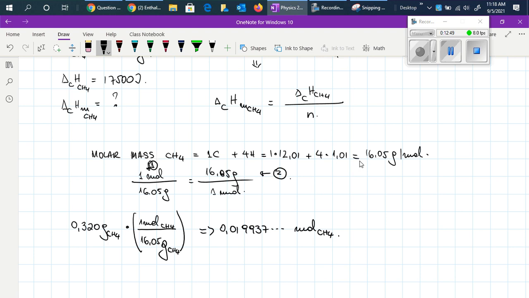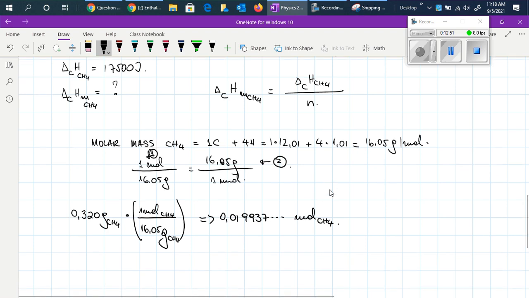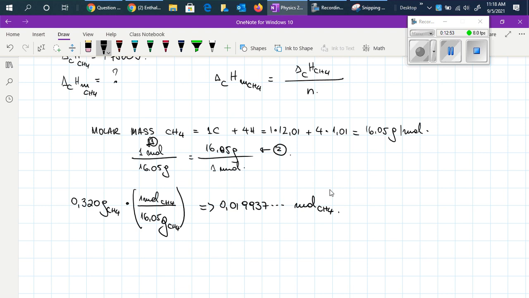Now that we have moles of methane, we find the molar heat of combustion for methane, which will be 17500 joules over 0.019937 moles.